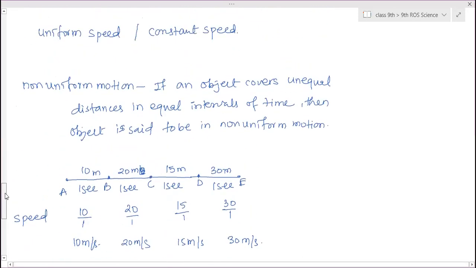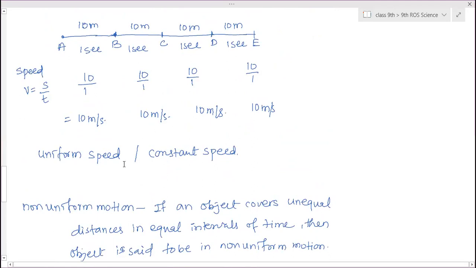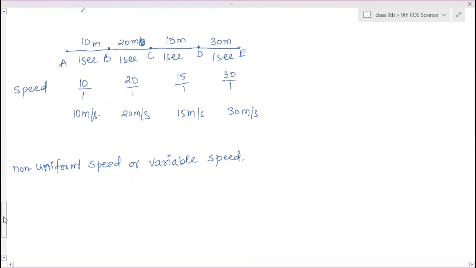Whenever an object is moving with uniform speed, the speed is calculated by the formula distance by time. But when the speed is not constant and is continuously changing, instead of finding many different speeds at different intervals of time, the comparison is done using average speed.